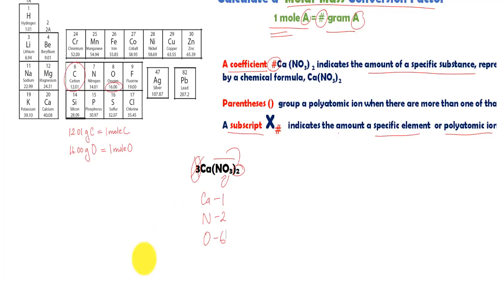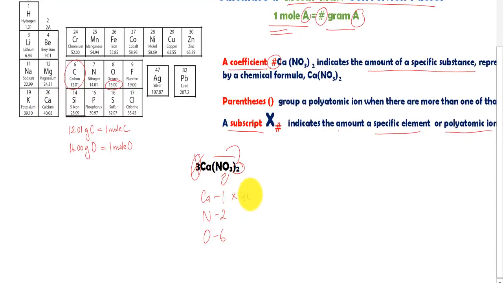To determine the total mass of all the elements in the chemical formula, we have to use the periodic table. First of all, we have calcium, so we multiply 1 by 40.08, because each one of them is 40.08. For nitrogen, it's 14.01. For oxygen, it's 16.0.